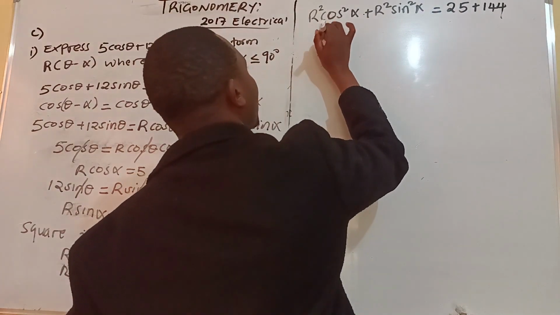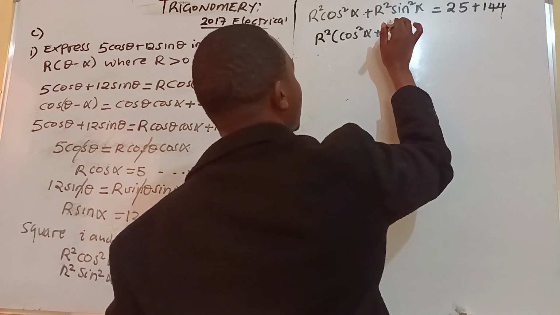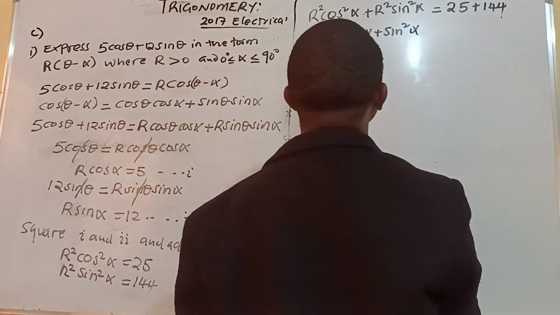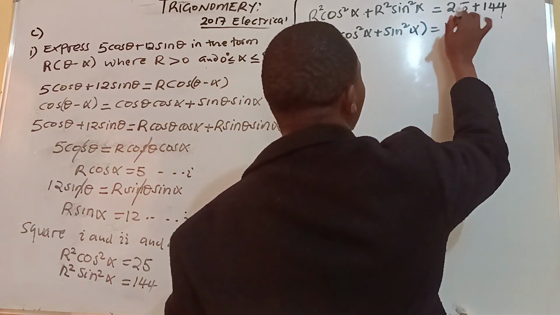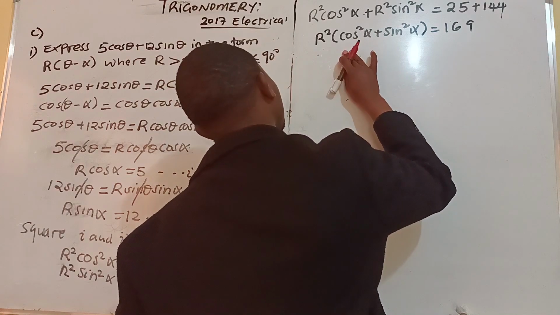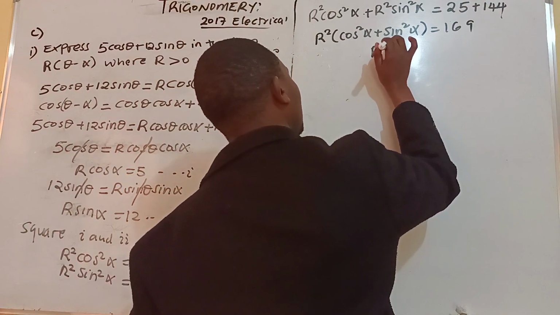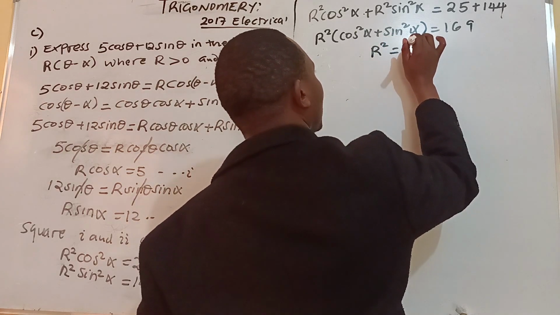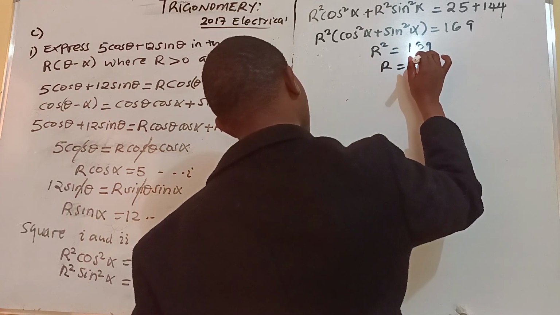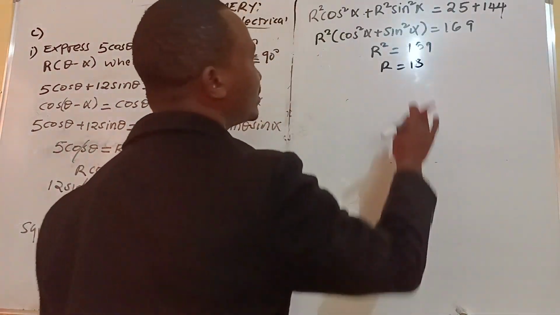So we have R squared, factor out R squared, cos squared alpha plus sin squared alpha is equal to 169. Or simply, cos squared alpha plus sin squared alpha is 1. R squared is equal to 169. Find the root: R is equal to the root of 169, which is 13. So R is 13.